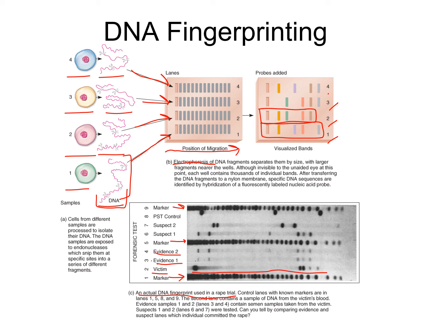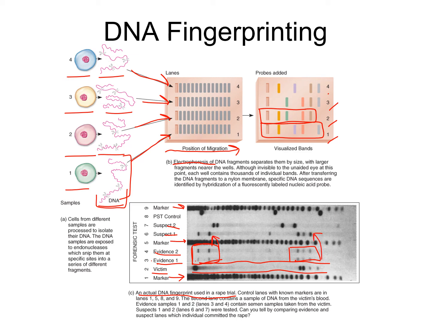And if you compare the DNA fingerprint, right away you can see that it's not the same as the victim. So evidence 1 is not from the victim, evidence 2 is not from the victim, but evidence 1 and 2 did come from the same person because you have the same banding pattern in the evidence. And then there are 2 suspects, suspect 1, suspect 2, and when you compare the DNA evidence, it looks like the DNA evidence matches up with suspect 1.